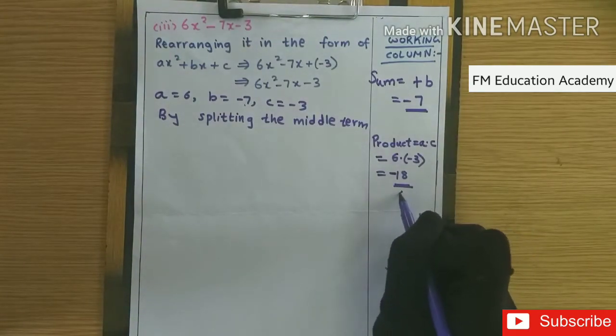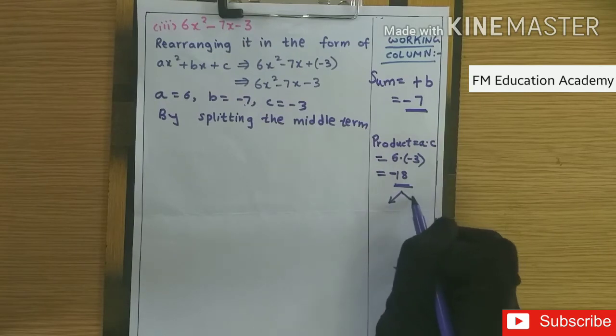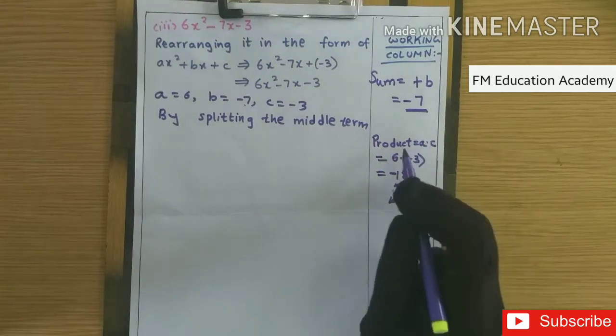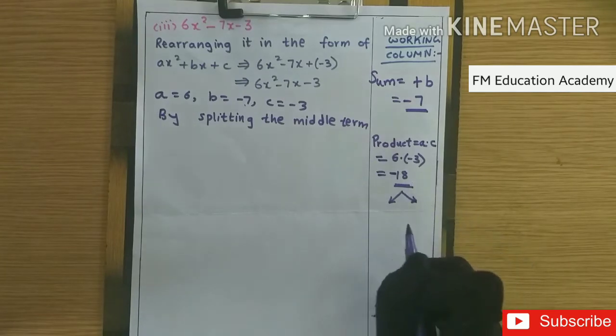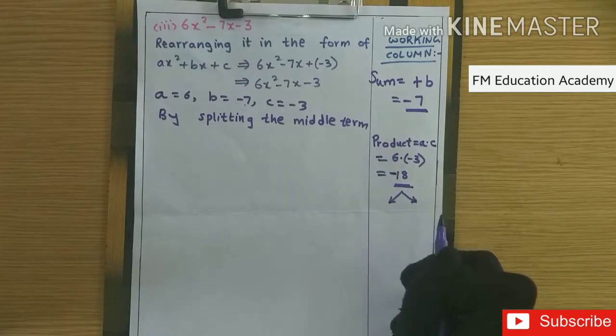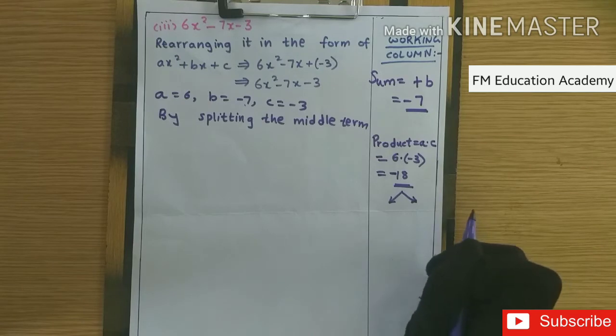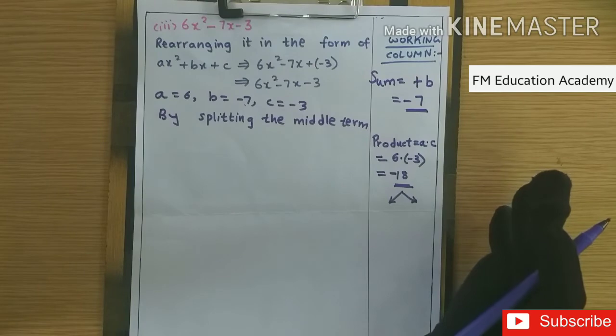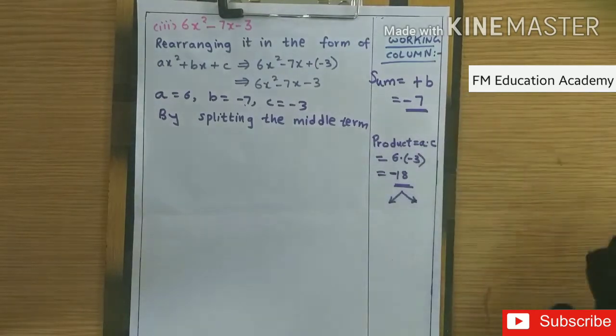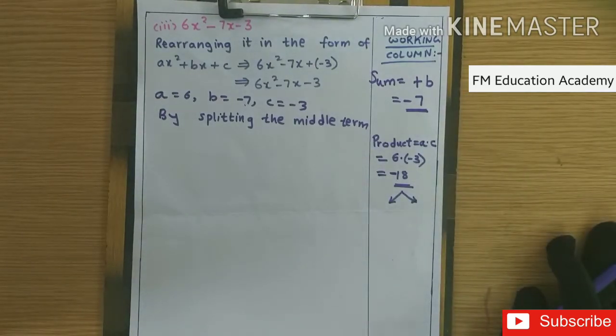So always what you have to do in splitting the middle term is choose the factors of the product. What is the product? Minus 18. So what are the factors of the product I have? I can take 18 ones are 18. But if I take 18 and 1, I will not get the sum as minus 7. Why? Because 18 minus 1 is 17 and not 7. So I will not choose the factors 18 and 1.